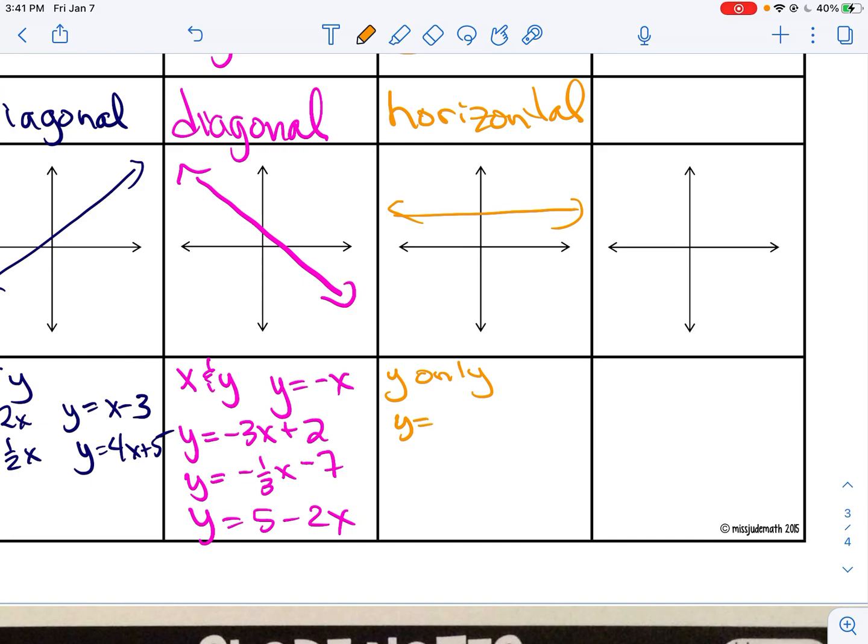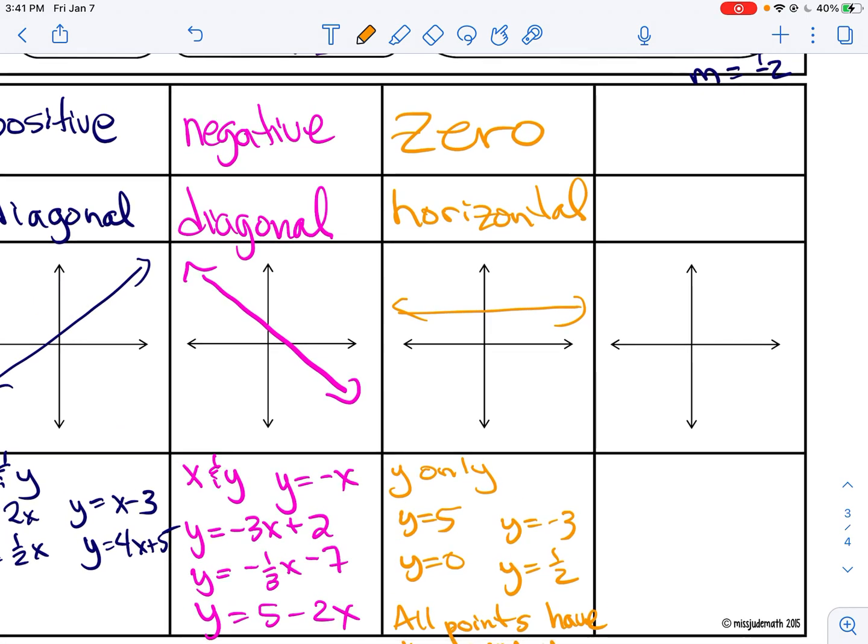So, y equals 5. Y equals negative 3. Y equals 0. Y equals 1/2. All points have the same y.